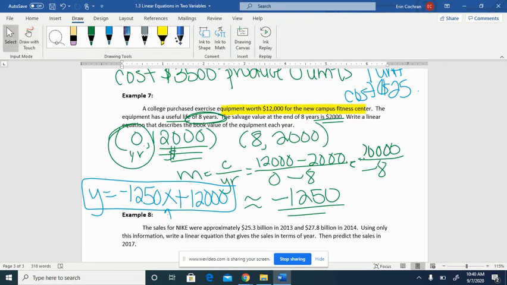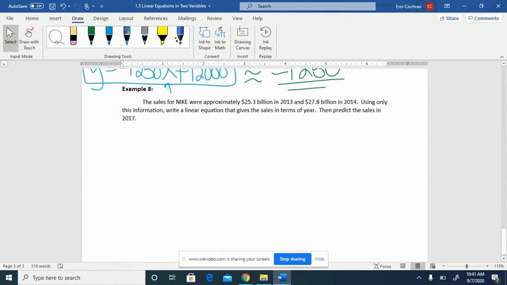And then example 8. The sales for Nike was approximately $25.3 billion in 2013 and $27.8 billion in 2014. Using only this information, write a linear equation that gives the sales in terms of year. Then predict the sales in 2017.